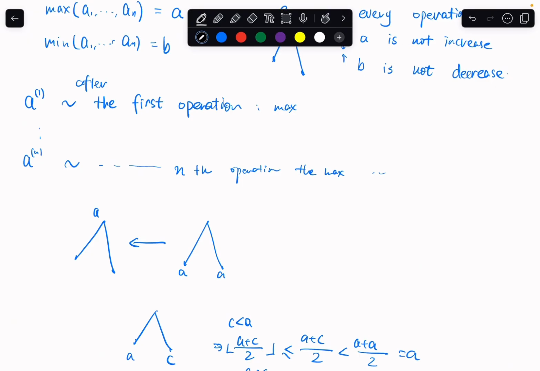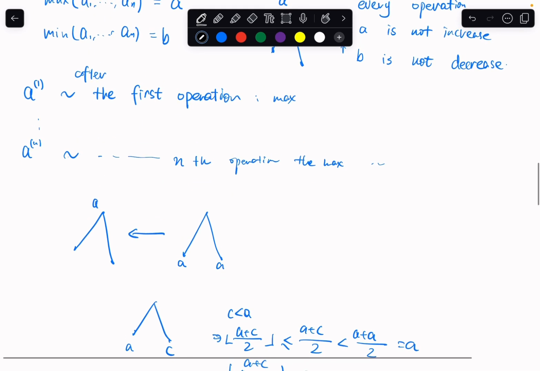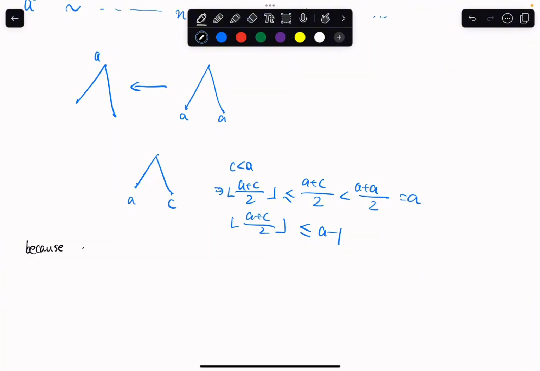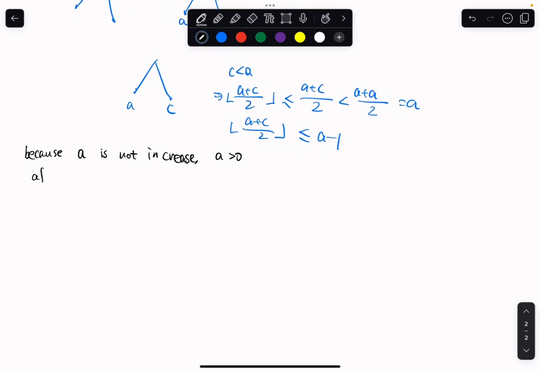So we have that A is max and B is the min. So we have that because A is not decrease and A has the lower bound, B is not increase and B has the lower bound equal to 0.